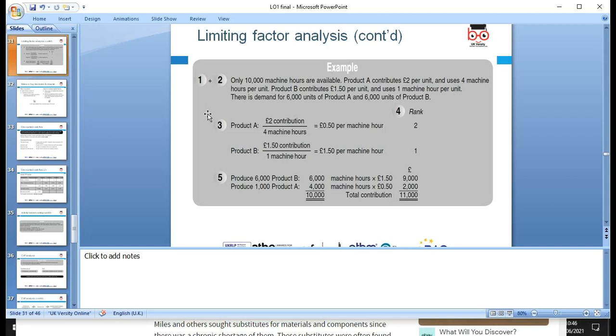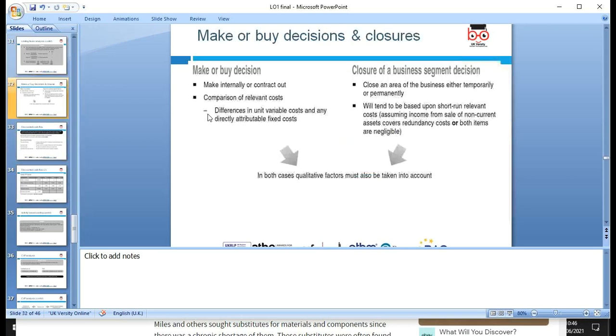I have limited machine hours available, but if I use them towards production of product B, I can get £1.50 contribution per machine hour I use. But for product A, I can get only 50 pence. So I'll use my machine hours most on product B, not product A. Product A will be my second option. Any spare hours will go to it. So that's another way to look at cost reduction.